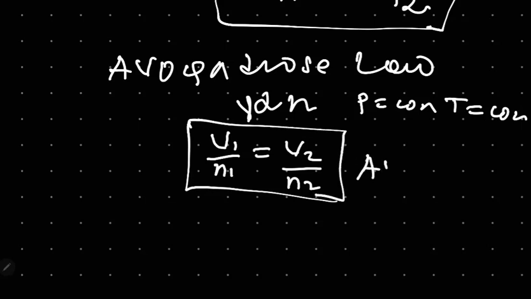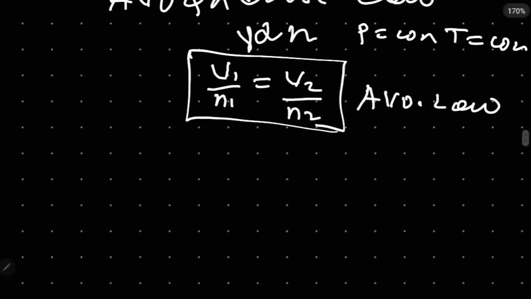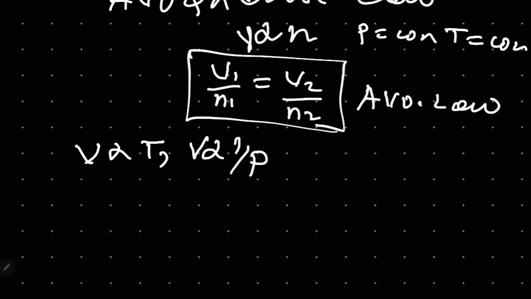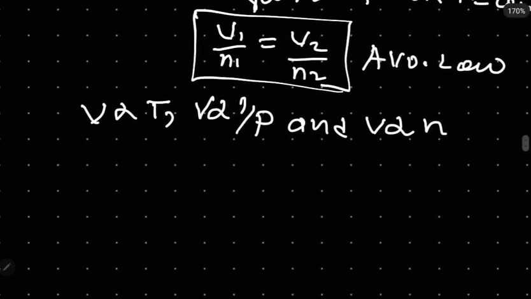Let's combine all this, with Avogadro's law, to get an expression for the universal ideal gas equation. Volume is directly proportional to temperature, Charles' law. Volume is inversely proportional to pressure, Boyle's law. And volume is directly proportional to the number of moles, Avogadro's law.